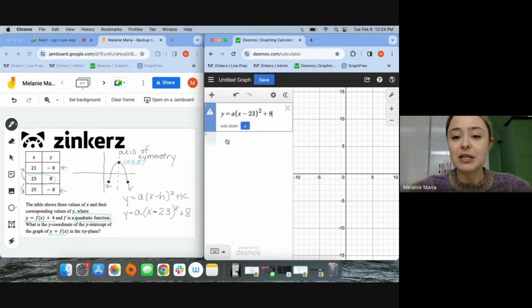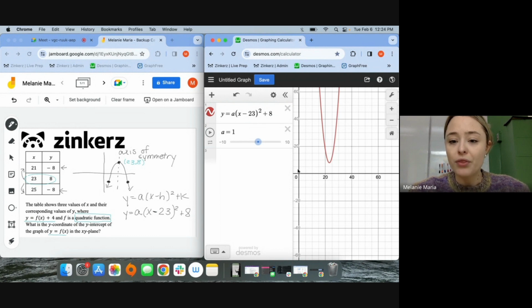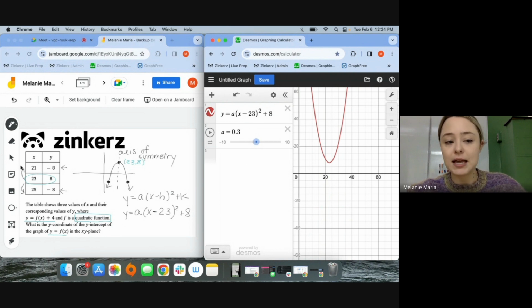And then when I'm prompted, I'm going to add a slider for A. And if we look at that, we'll zoom out a little bit here. What that does is allow me to play with the value of A. So here I can flip it up or down. I can see what happens if I increase A, decrease A, just lets me play around with it. I'm also going to take the points that this table gives me and plug these into Desmos as well.